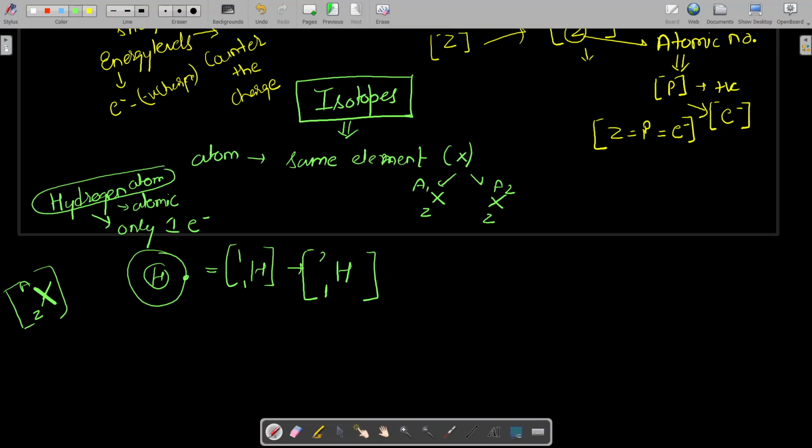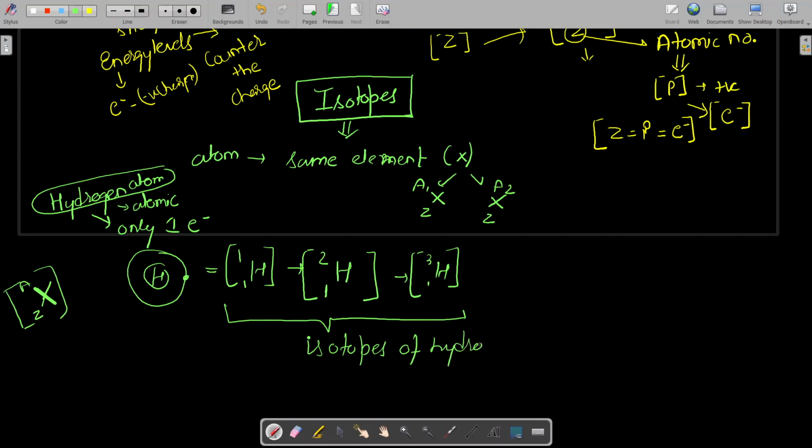If I am increasing it with 2, if I am increasing it with 3. Okay, so these are the isotopes of hydrogen. Understand my point? So these are the variations in mass of hydrogen.